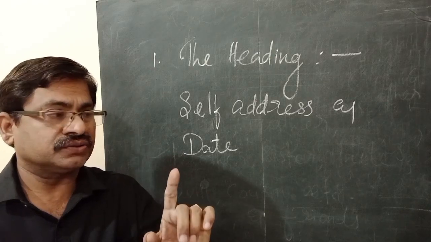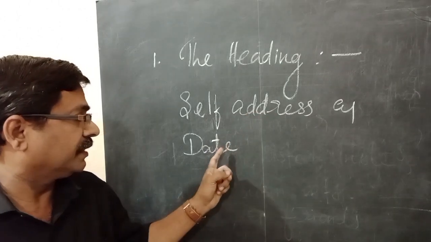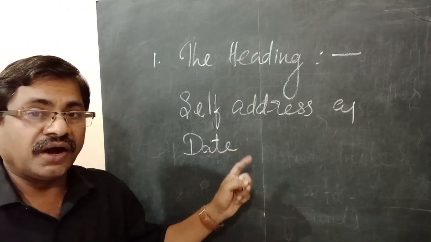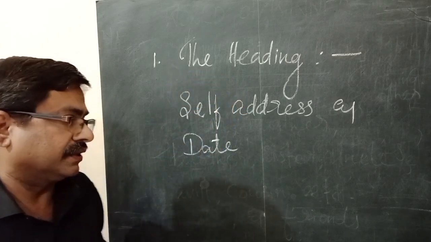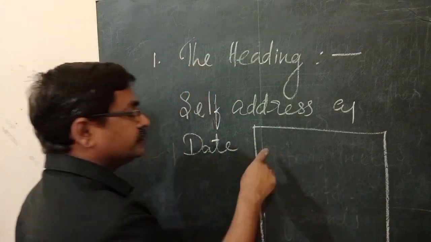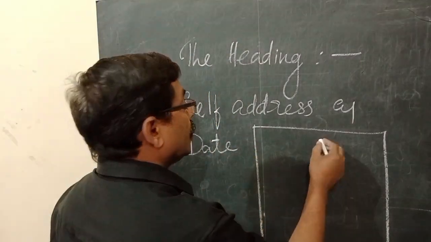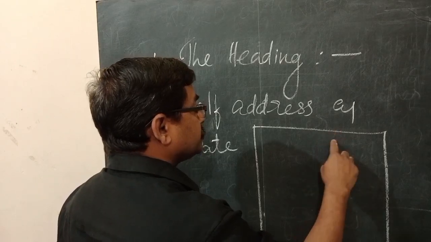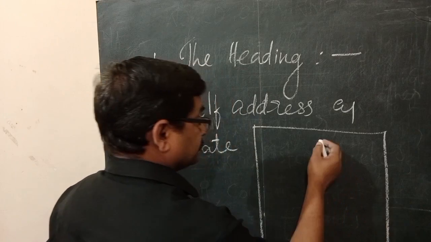We should place the heading, that is the self-address and date, at the right hand side top corner of your letter. If this is your answer sheet or your letter, you have to place this self-address on the right hand side top corner of the letter.